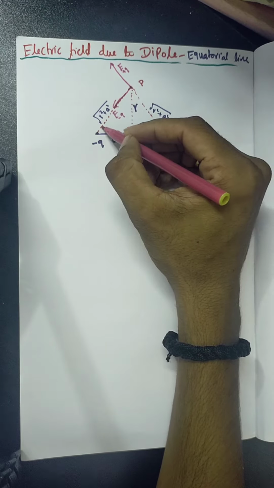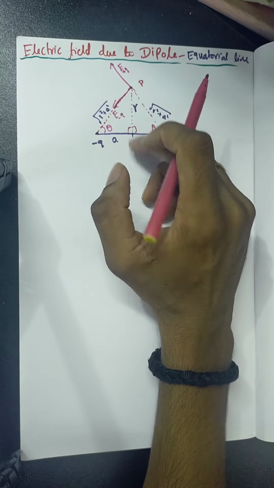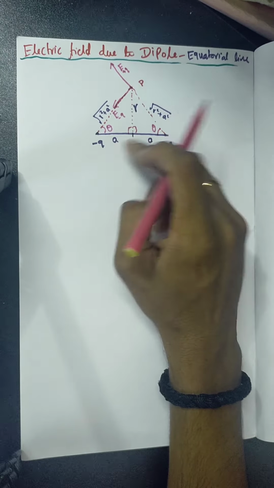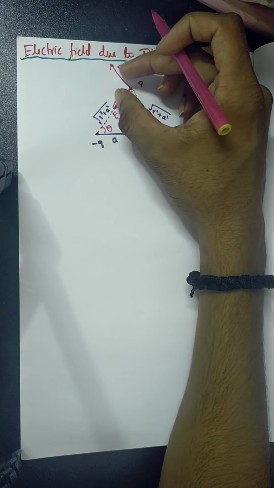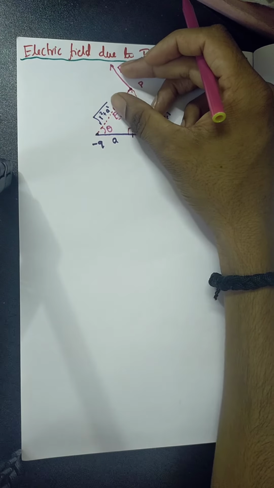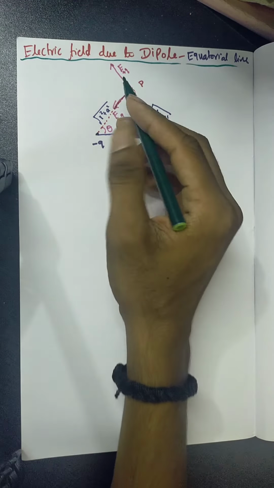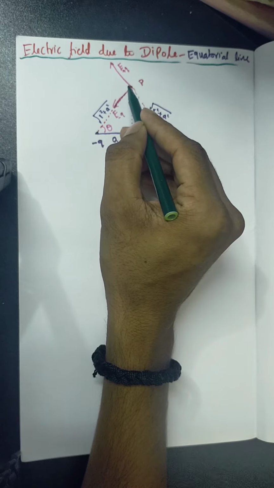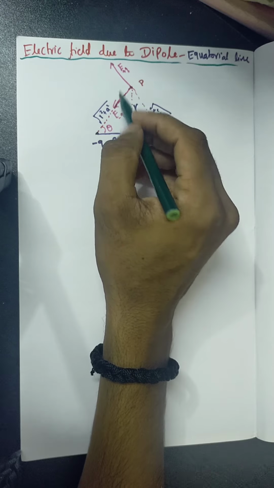This angle is theta, and this is also theta, the same, because I am taking the bisector from the middle, so they have to be the same. Now I will resolve these two into two components. What about the net electric field here? Obviously, the net electric field is along this direction because these are the two vectors.